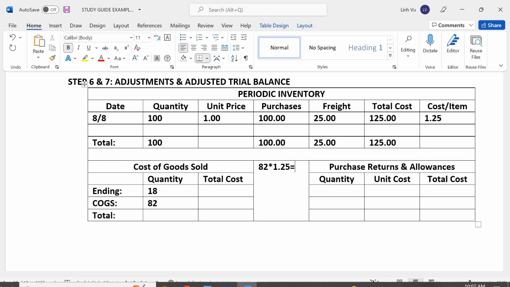You'll get 102.50. And that means your ending balance should be $22.50. Right?